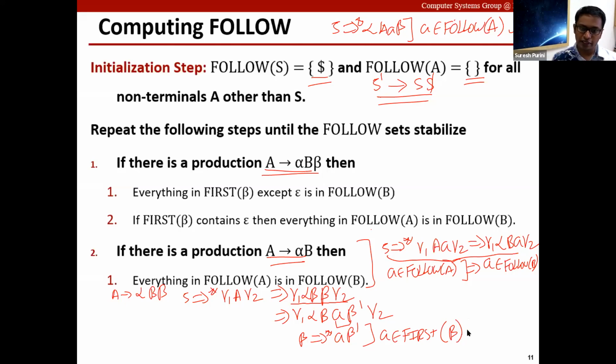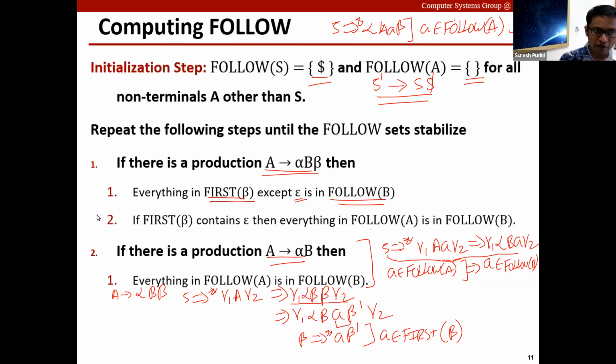So whatever is present in first of beta is present in follow of B, except the epsilon symbol. Right? Because epsilon can never be present in the follow sets.